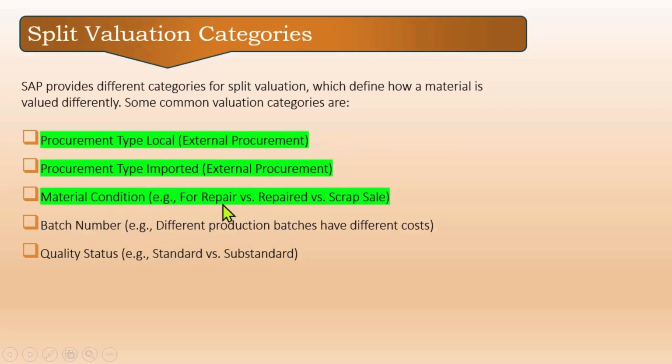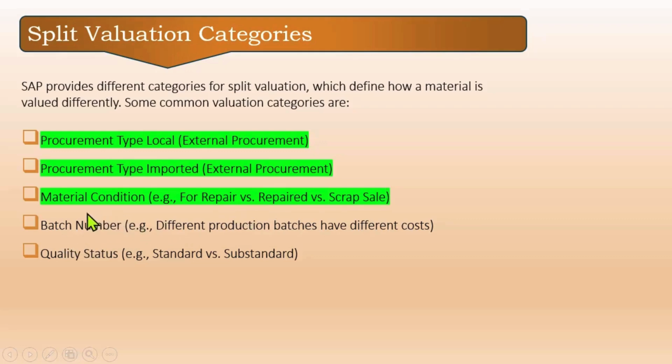Material condition: for example, if the material is repaired, or if it is scrap for sale, where the company takes out the material for sale after it is obsolete and can no longer be used, in that case we'll have different prices. If it is repaired, we'll have different prices. So based upon the material condition, you can have the same material at different prices.